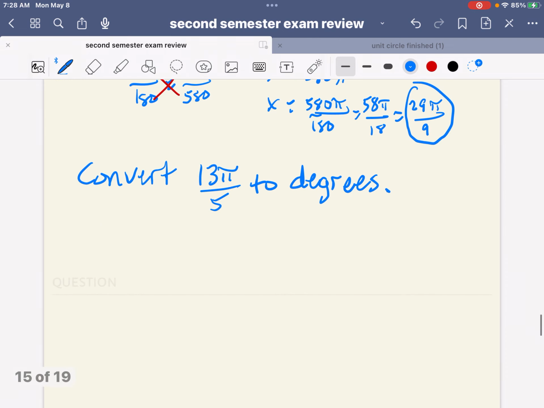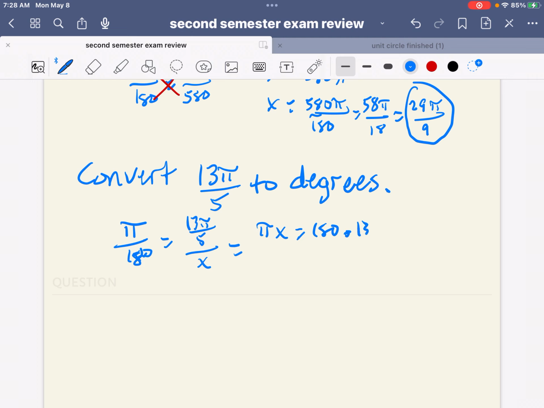Convert 13 pi over 5 radians to degrees. Pi is to 180 as 13 pi over 5 is to x. If you take your cross products, you get pi x equals 180 times 13 pi over 5.